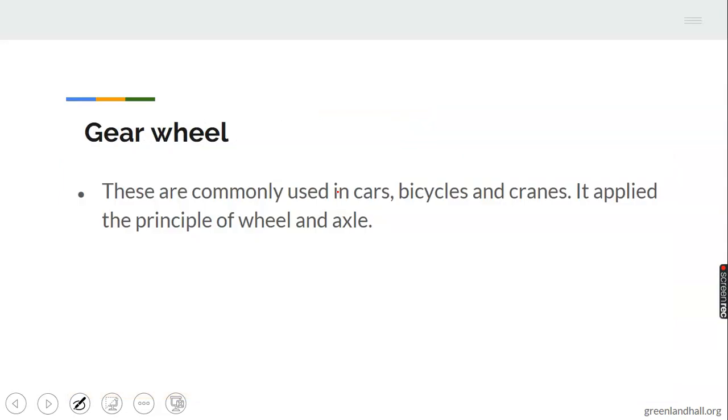Then another one we use is what we call the gear wheel. We have it in cars. We have cars, bicycles, and cranes that use the gear wheel. The gear wheel is also an important machine which is used every day in cars, in bicycles, and in cranes.